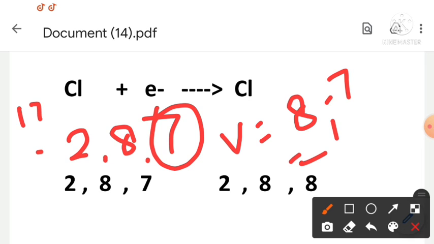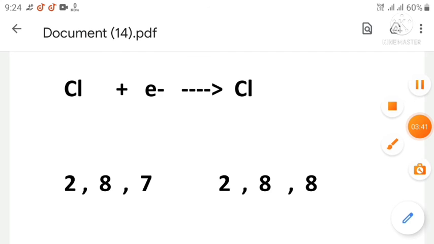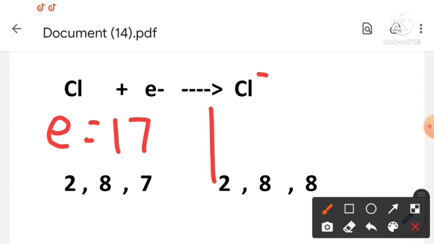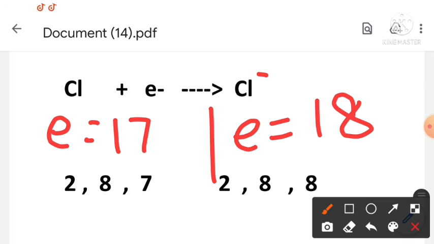In this way we derive valency, and we see that the number of electrons in a chlorine atom is 17, and after gaining 1 electron it becomes Cl minus, and here the number of electrons is 18. In this way we easily find out non-metal by using this trick.